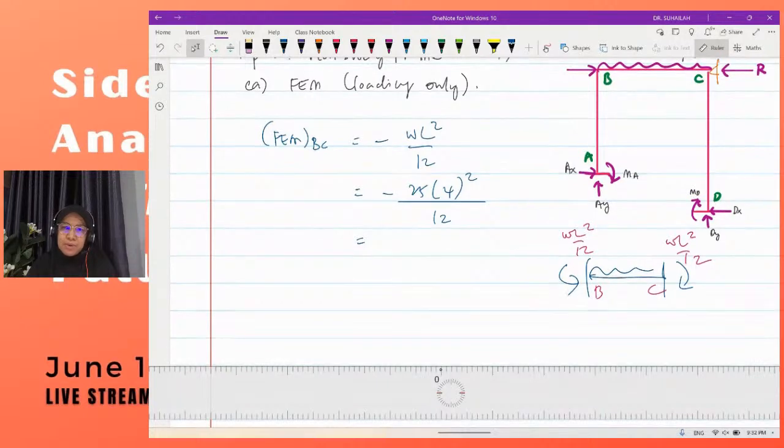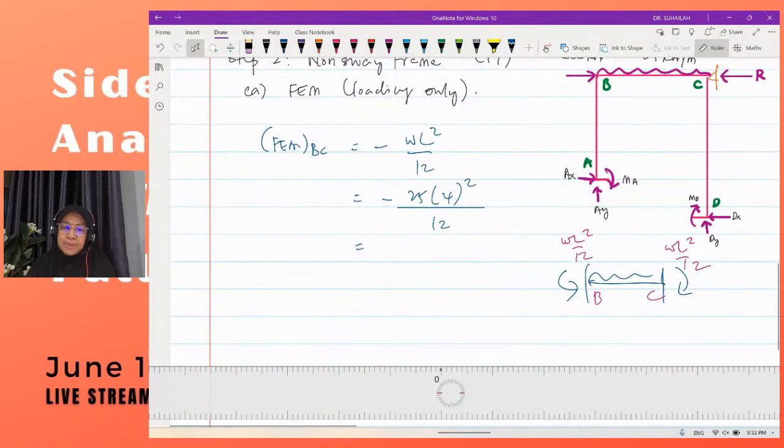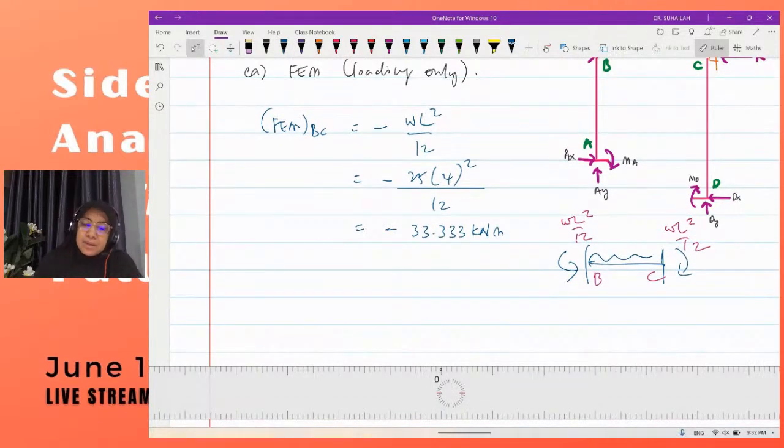What is the value? It is 33.33. It is negative, so this is negative 33.333 kilonewton meter. Another one, FEM for CB will be positive 33.333 kilonewton meter.